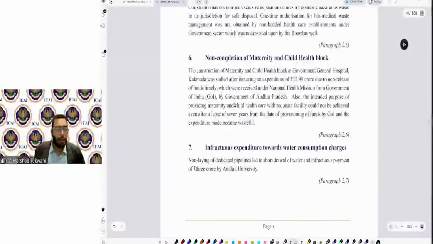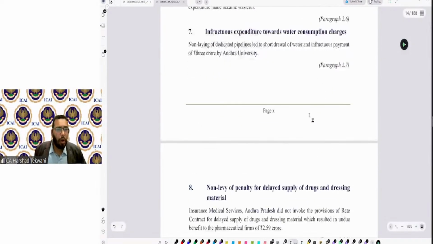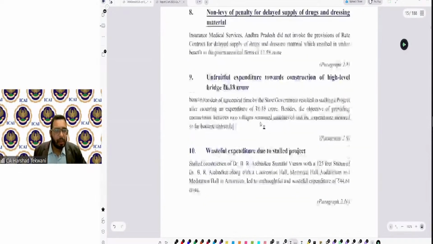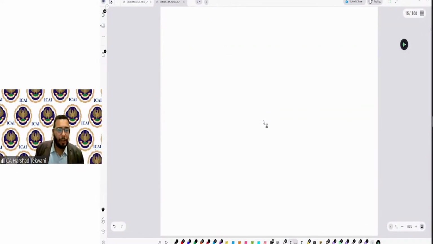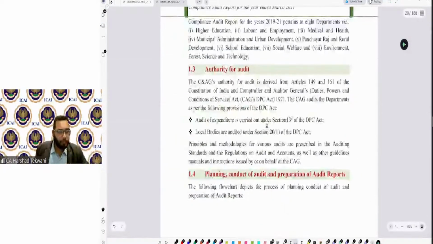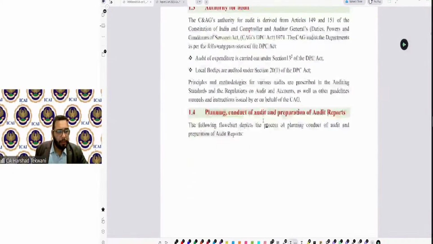Again, non-completion of a maternity and child health block, or non-levy of penalty for delayed supplies of drugs and dressing materials. Again, these will be subject to certain policies and procedures.